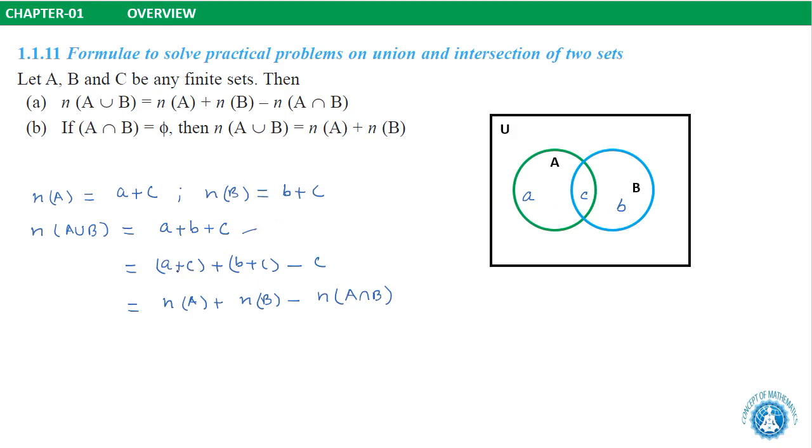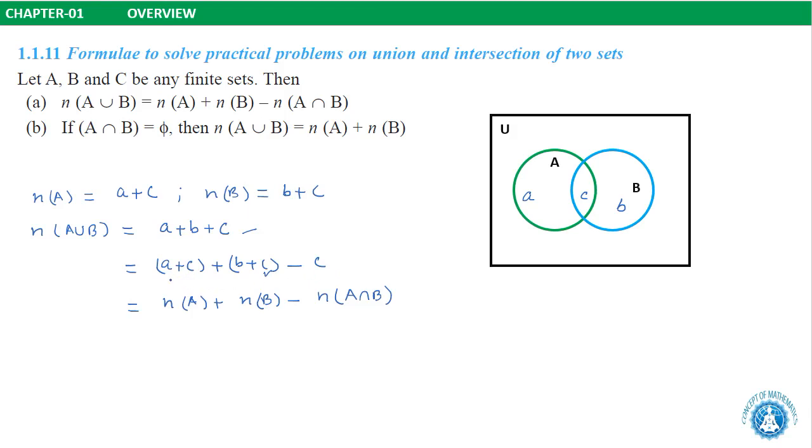By using associative properties, we can write it as a plus c plus b plus c minus c. We have added the number of elements c additionally, so we have subtracted c.